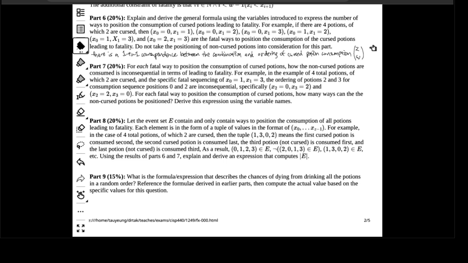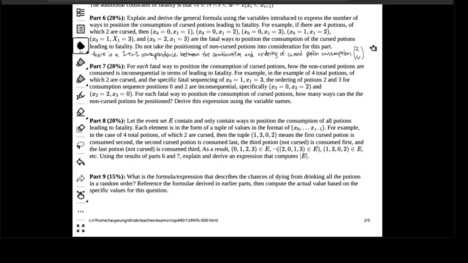So those are the two fatal ways to position for each. Okay, the second to last sentence says, for each fatal way to position the consumption of cursed potions, how many ways can the non-cursed potions be positioned, and derive it using the variable names.